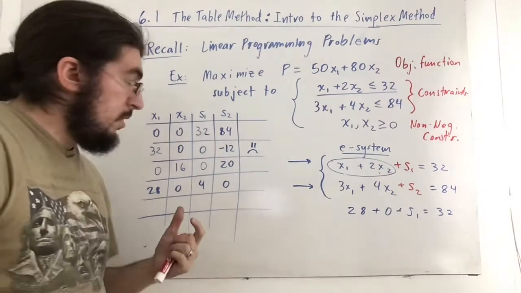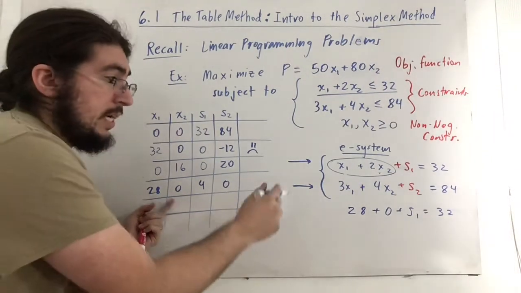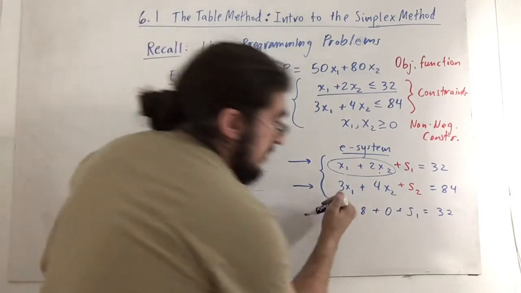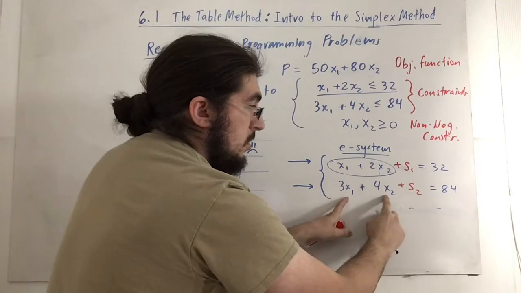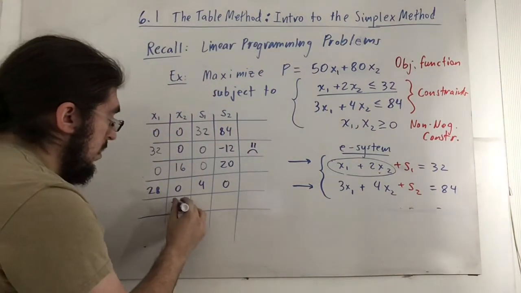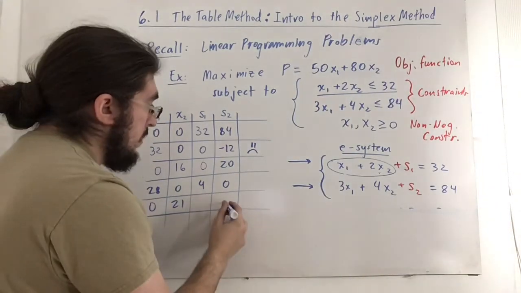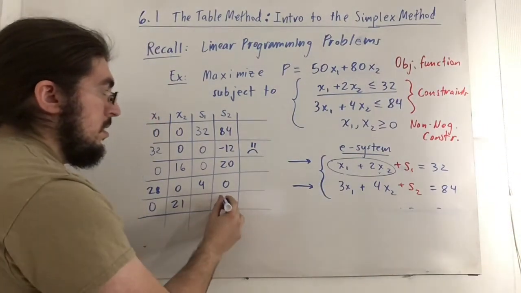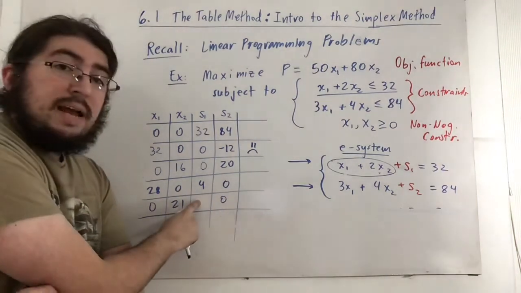Now, very similarly, we're going to find the x2 intercept for the second equation. If the other two are 0, then x2 has to be 84 divided by 4, which is 21. In that scenario, we're letting x1 be 0 and s2 be 0. Okay, good. So what does s1 have to be?